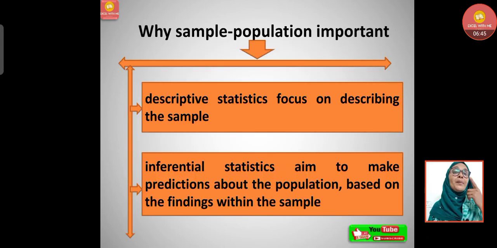Now why are sample and population important? Descriptive statistics focus on describing the sample. Then inferential statistics aim to make predictions about the population based on the findings within the sample.